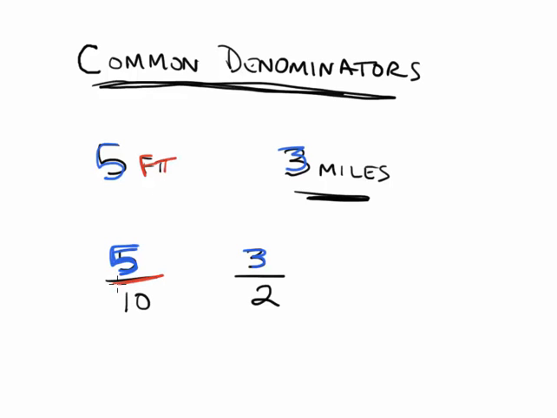This 5 is talking about tenths as a unit. We can rewrite 5 tenths as 5 of these things that are tenths. And this 3 halves, well, it is 3 something, but we can rewrite it as 3, I bet you can see where this is going, 3 of these things that are halves.